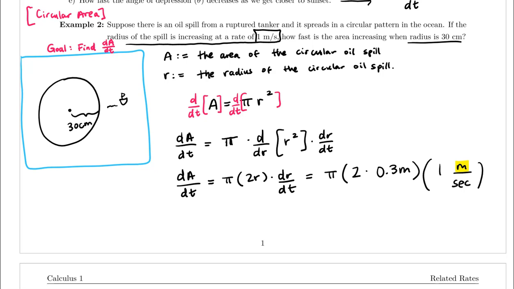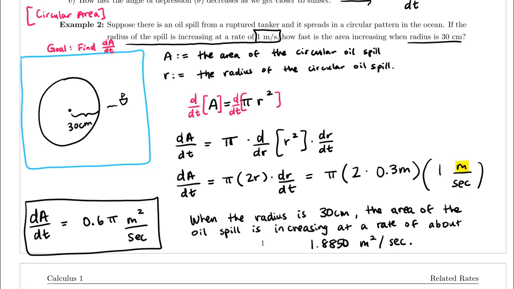So if I multiply the units together, that's going to give me meters squared per second, that's what we would expect for the rate of change of area, because area is measured in square units. So now we have dA/dt is equal to 2 times 0.3 is 0.6 pi, and then multiplying by 1 just gives us that, and our units are meters squared per second.